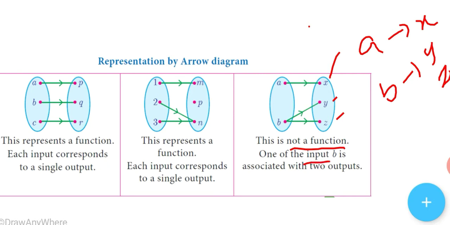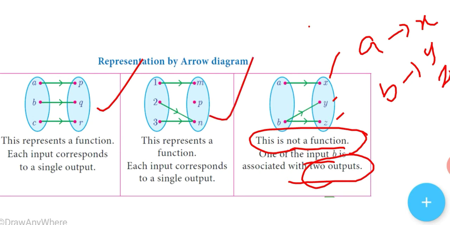One of the inputs, B, is associated with two outputs. So for two outputs it is not a function. This is not a function since input B has two outputs Y and Z. And this is a function, since each input corresponds to a single output.